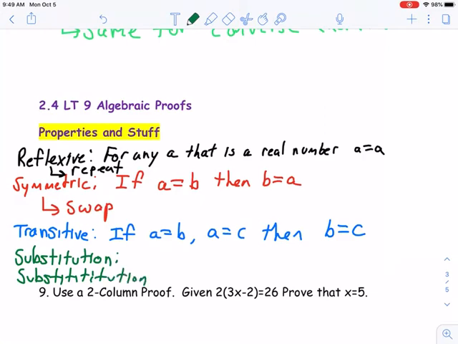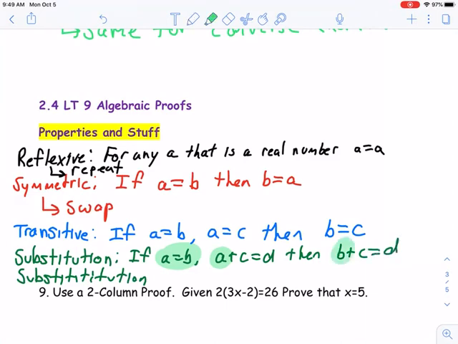But anyways, if A equals B and then A plus C equals D, I'm allowed to replace A with B. I'm allowed to substitute it in. See how it's named substitution? I like to think about basketball where you sub one player out. And that's substitution.